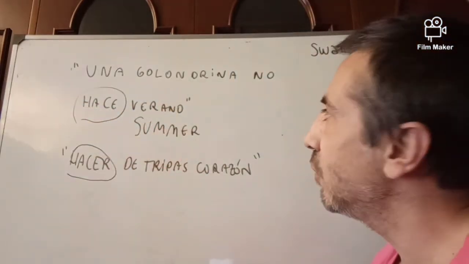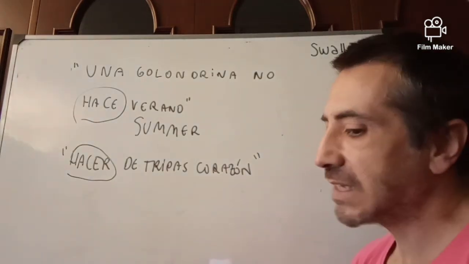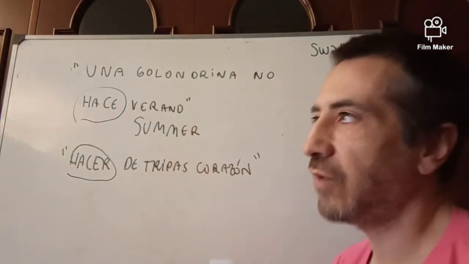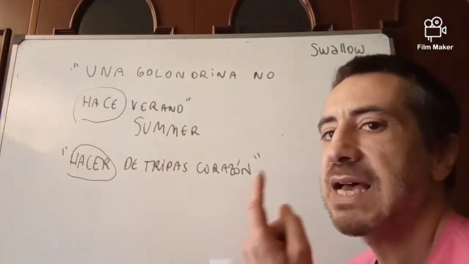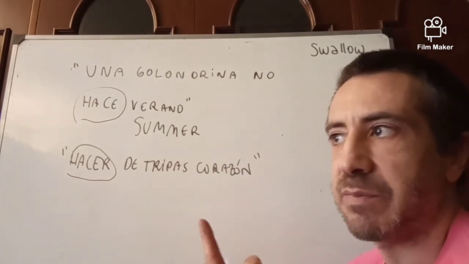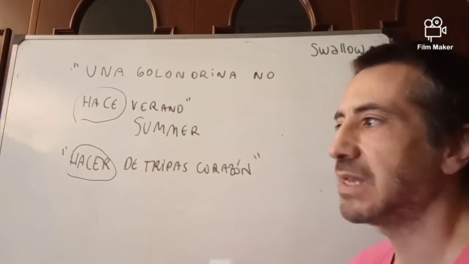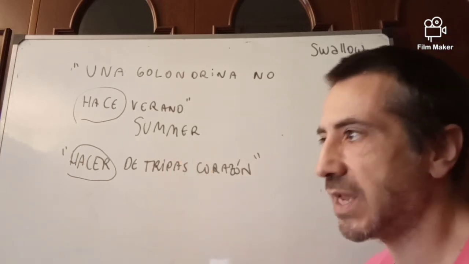What does una golondrina no hace verano mean? That although swallows fly up in the sky in the summer, just one swallow flying up in the sky doesn't mean that it's summer. That's the literal meaning. But metaphorically, it means, for example, let's imagine a situation.